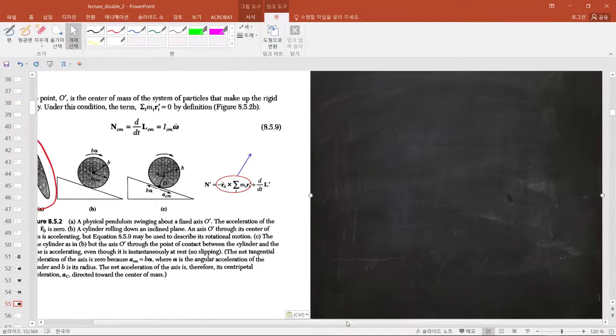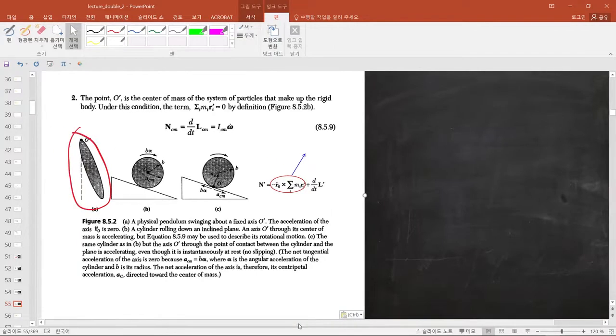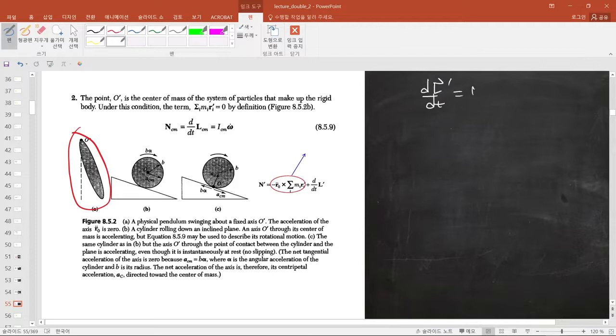We have three cases where you can use just dL/dt prime equals N prime. Of course, the best example of this is when O prime is equal to the center of mass, then you can just use this one safely.